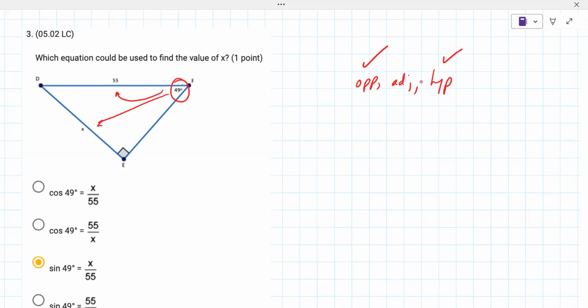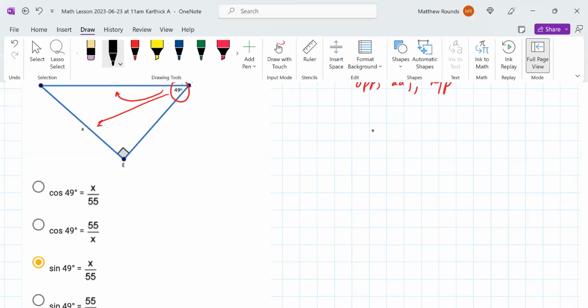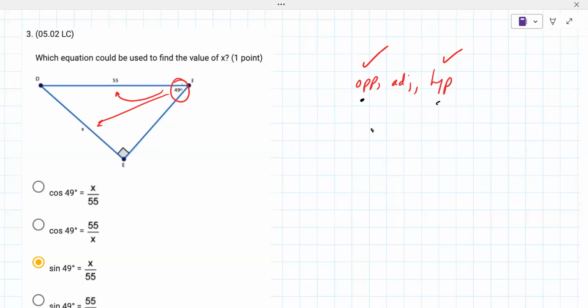Good. All right. So which trig function do you use? Which trig function uses the opposite and the hypotenuse? The opposite over the hypotenuse would be sine. Okay. So the sine of 49 equals the opposite over the hypotenuse. So what goes on top, what goes on the bottom?